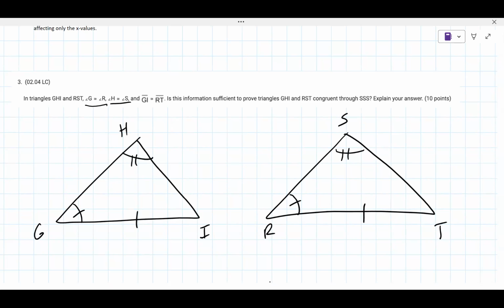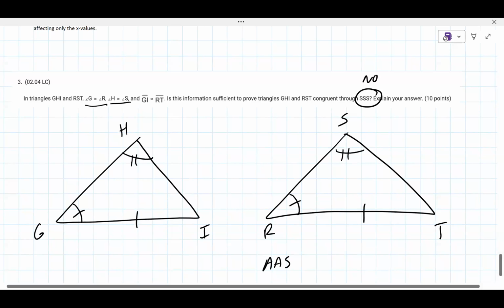Is this enough through SSS? The short answer is no. It's actually angle, side. That's as much as I can give you in our time today. That may be enough.